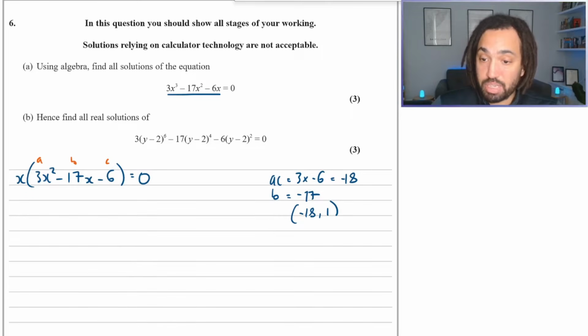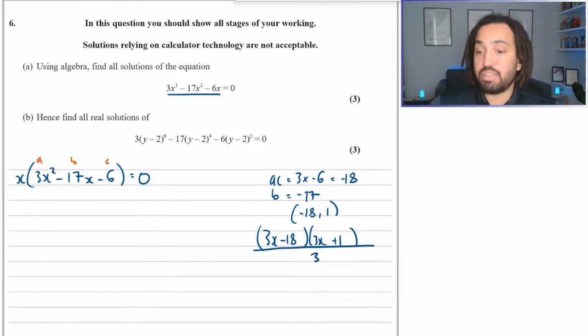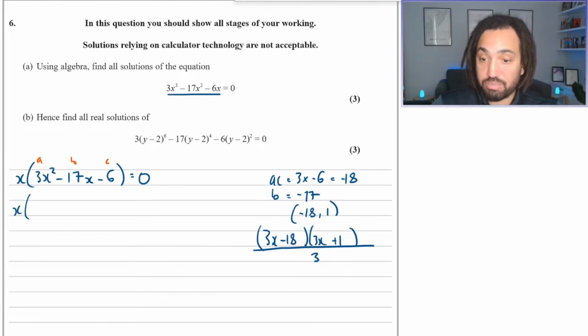And then what we do is we just write 3x in both brackets, the numbers that we've just calculated, and we divide it all by 3. Now this one's a straightforward one because one of the brackets divides directly by 3. So in doing so, that's going to give me x minus 6, and the one on the right can stay the same.